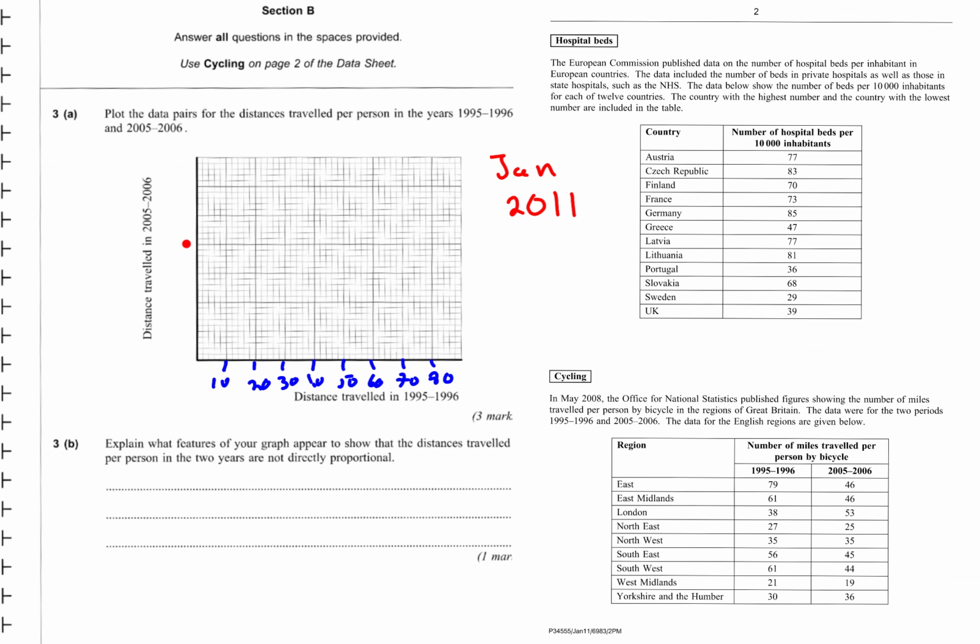So that's not good. So let me now go to a slightly smaller one. So maybe that has to be 10, 20, 30, 40, 50, 60, 70 and 80. So I can fit these on here.